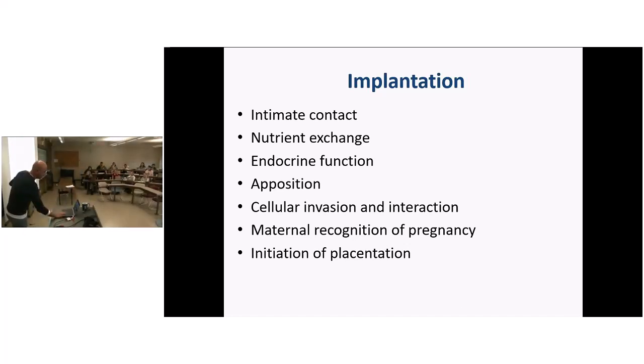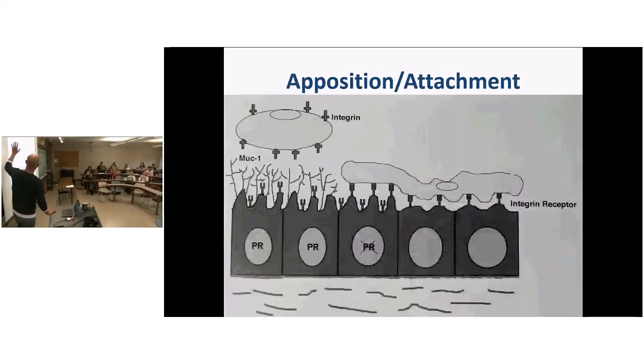So one of the things, and this is just a picture of this little thing, goes back to the analogy that we can make here in terms of touch or physical contact, the same as when we had the sperm cell and the zona pellucida.